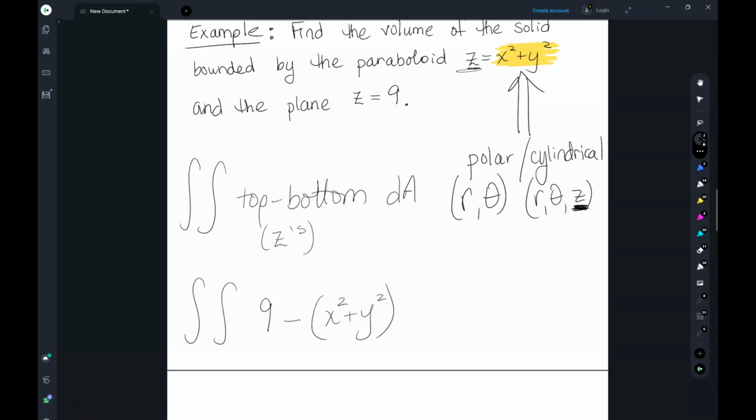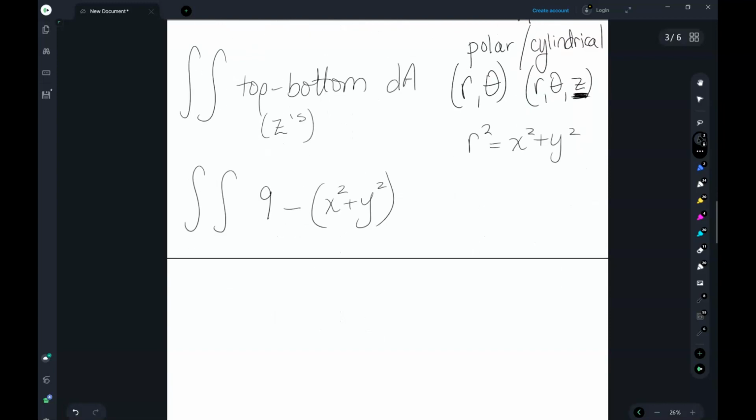And one of our conversion formulas says that r squared is equal to x squared plus y squared. And that means I can go back to this equation right here and replace x squared plus y squared with r squared. So my bottom boundary is actually going to be, in polar coordinates, r squared.